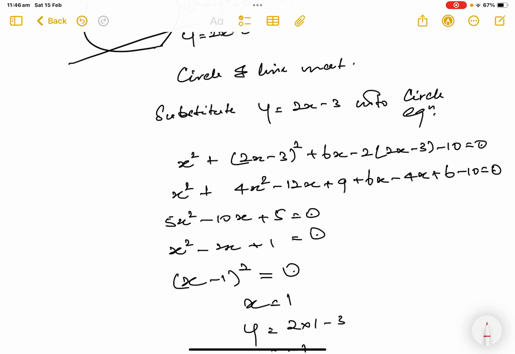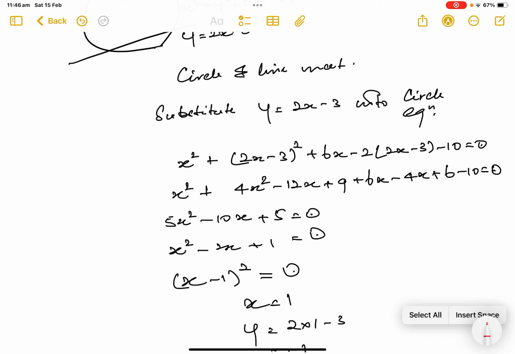If we expand it, 2x minus 3 squared is 4x squared minus 12x plus 9. And then 6x minus 2 times 2x minus 3 gives minus 4x plus 6, minus 10. So 4x squared and x squared give 5x squared.